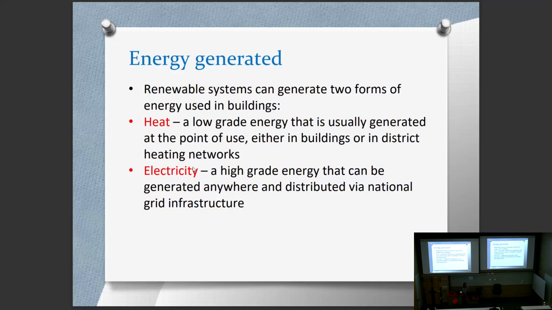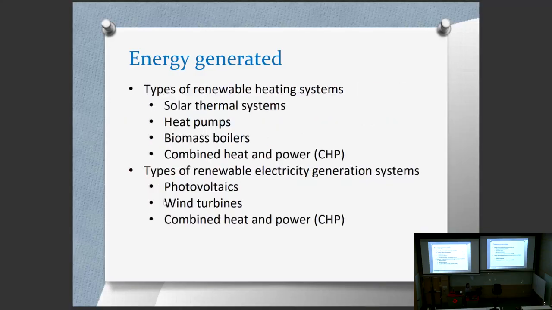But for heat energy, it will depend on how much you need. For my building, I need only this amount of heat, so I only need maybe a small scale of the solar heating plant. If I generate more, it would be just a waste, because it's difficult to transfer the heat to elsewhere. So the renewable heating system will be designed according to the building demand, while for the electricity, as much as possible because you can sell it elsewhere.